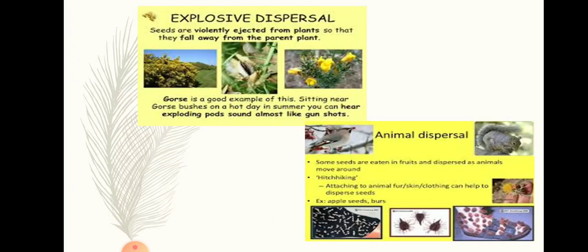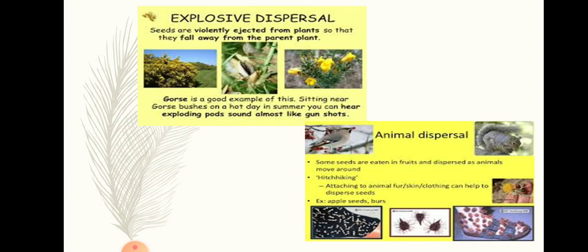Then the next method is explosive dispersal. Now some plants have pods, which means the seeds are covered under a particular structure inside which the seeds are present. So when these pods ripen, they explode and shoot out the seeds.